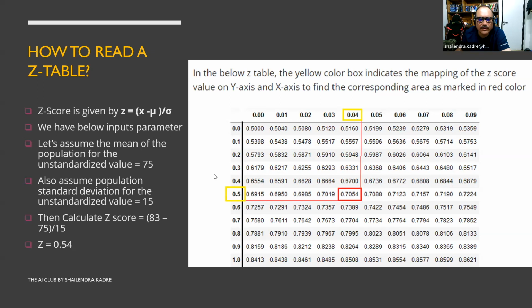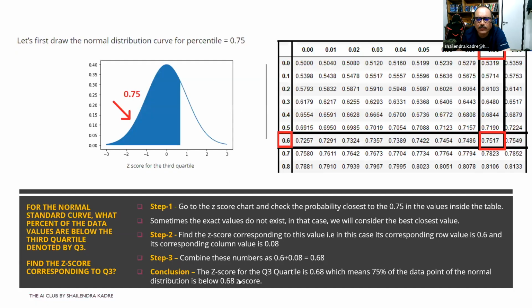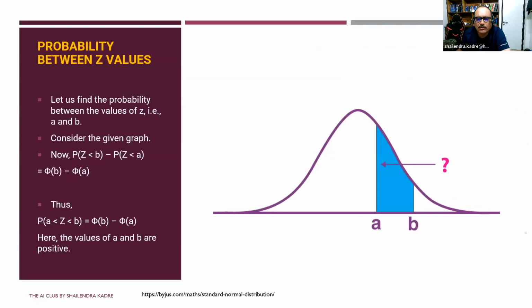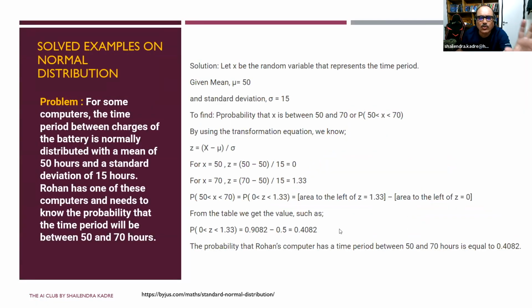You find the area to the left of 1.33, which comes to 0.9082. Area to the left of z equal to 0, again from the z table, is 0.5. You subtract it, and the probability is 0.4082. Is this problem understood or not?